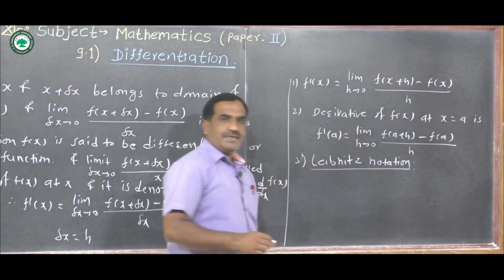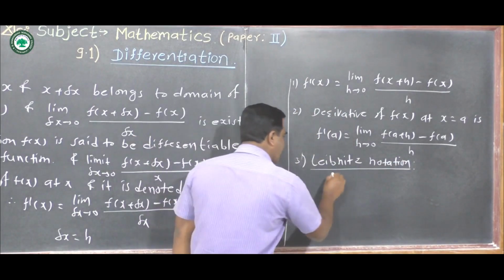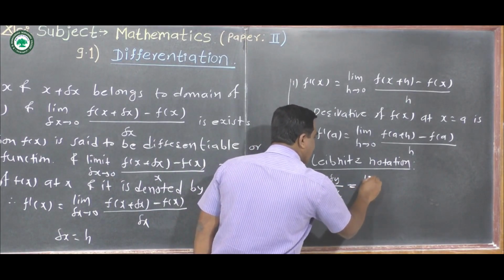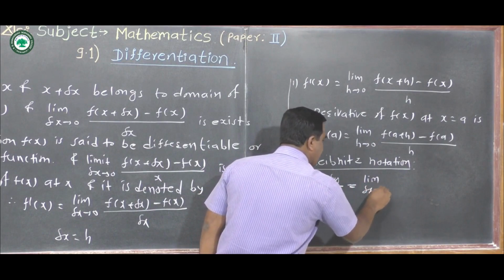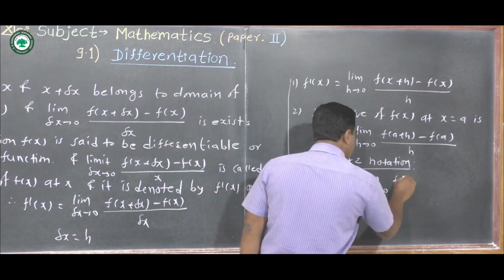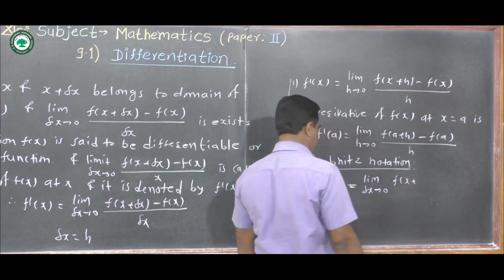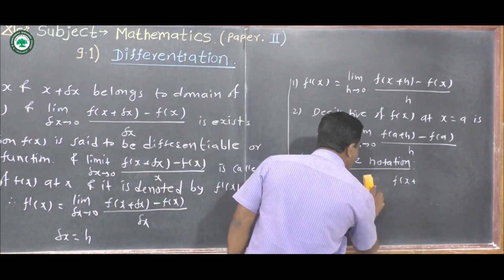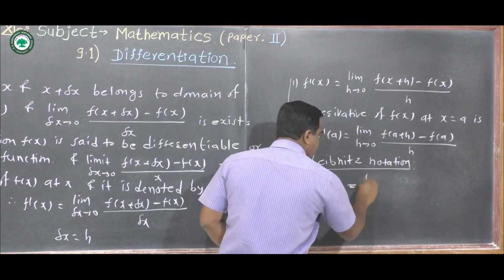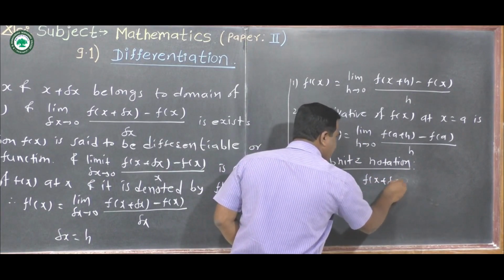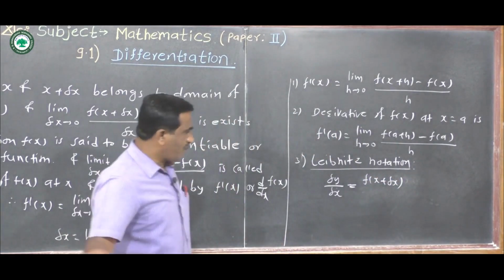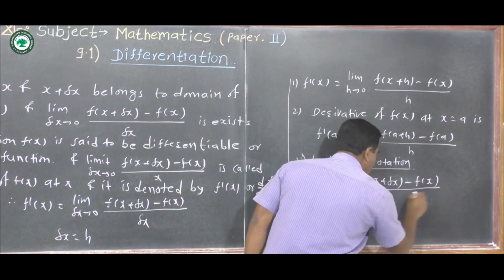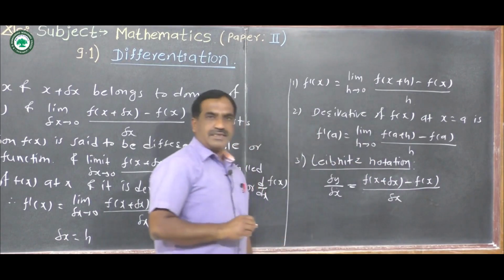Now you know that incremental ratio is delta y by delta x, which is equal to f of x plus delta x minus f of x upon delta x. This is the incremental ratio.